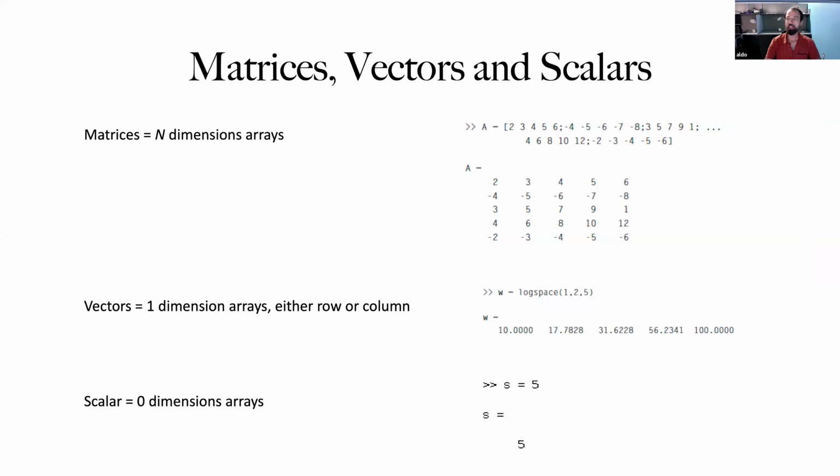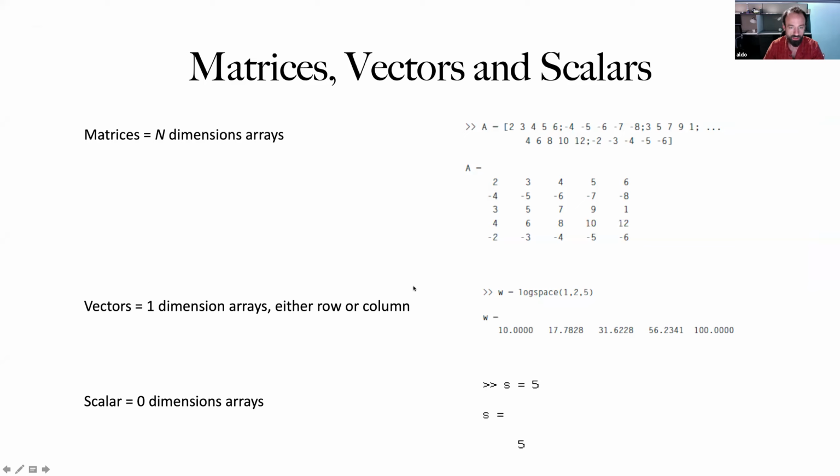As I said, its functioning is based on matrices, and basically for MATLAB, everything is a matrix. A matrix can have any dimensions, as many dimensions as you can imagine. The standard matrix has 2 dimensions, rows and columns.